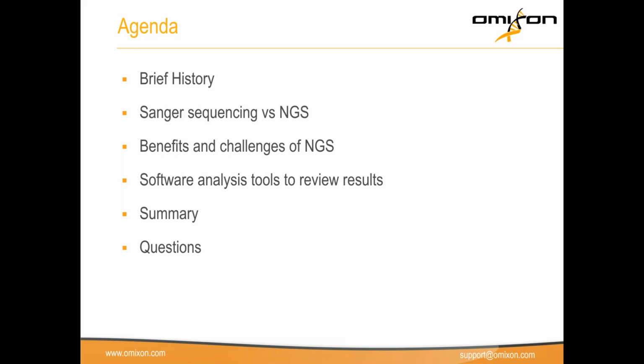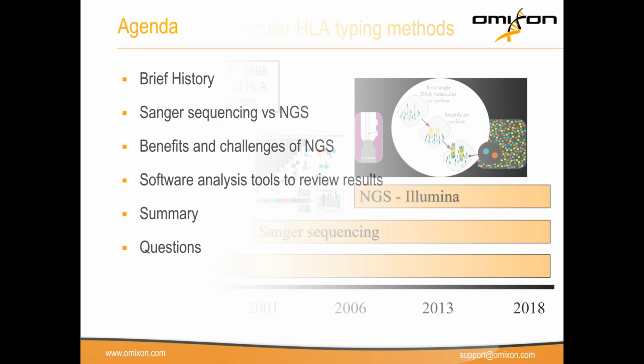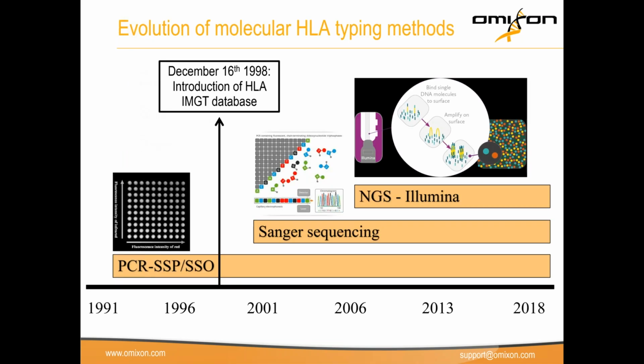And then I will talk about the software analysis and the tools that we provide in the software. I will then end with a summary, and if you have any questions, you can add them into the chat box.